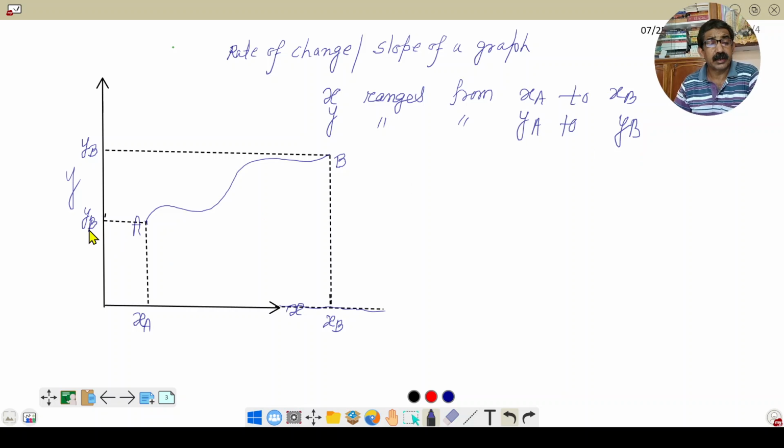And you have to consider that for each value of x, the value of y is unique.